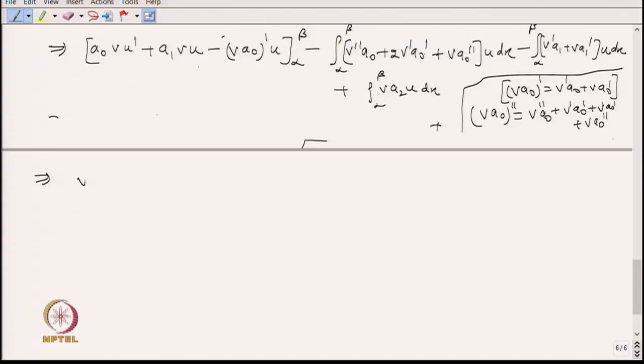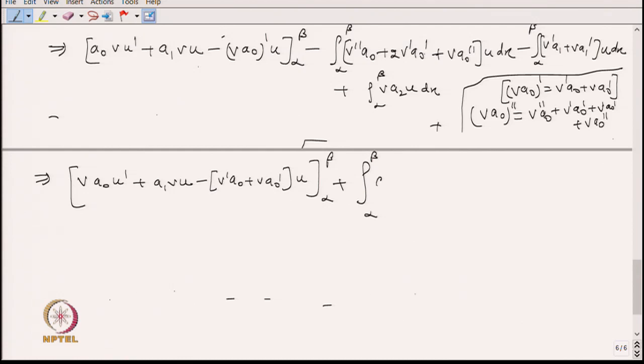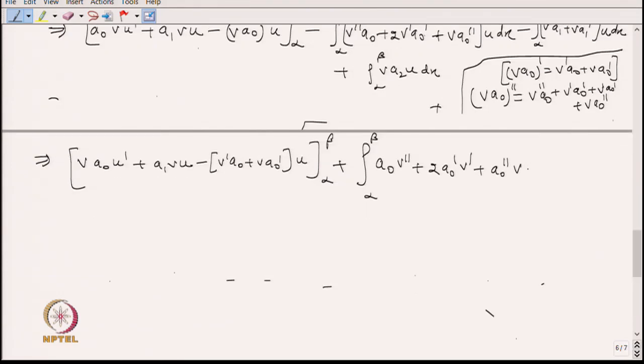So, this quantity will be v A naught u dash plus A1 v u minus v dash A naught plus v A naught dash u, from alpha to beta, plus the integral from alpha to beta of A naught v double dash plus 2 times A naught dash v dash, plus A naught double dash v, minus A1 v dash minus A1 dash v plus A2 v.